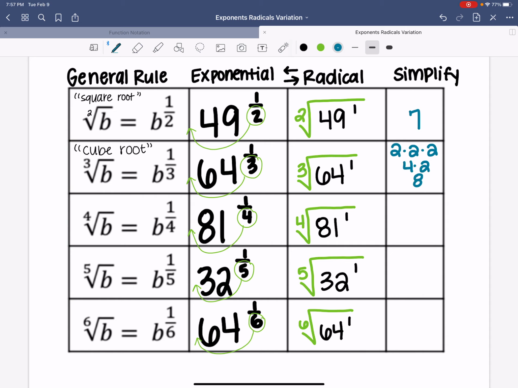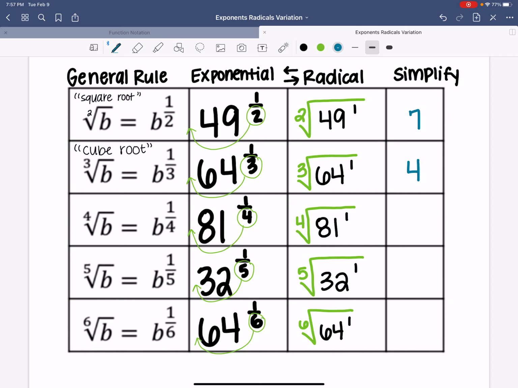So 8 is not my answer because that's not the same number times itself 3 times, which gives us 64. So let's try something else. Let's try 4. 4 times 4 times 4, that would be 16 times 4, and that does give me 64. So 4 is the cube root of 64.